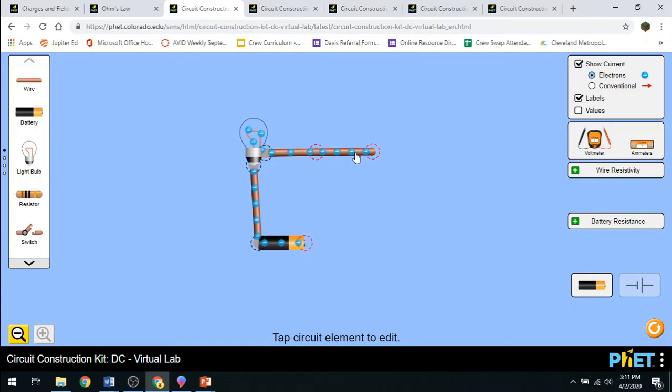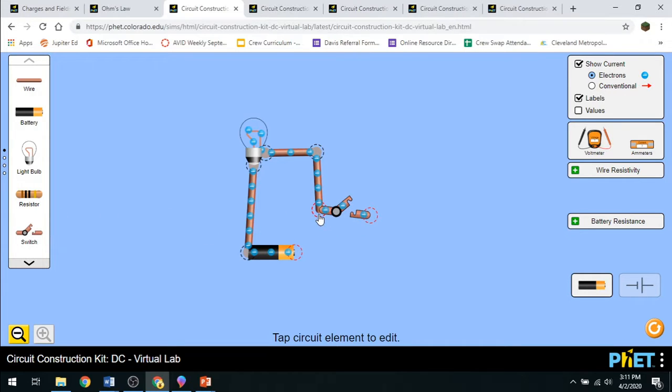So what do I have to do to turn the light bulb on? Well, I have to have a complete loop that the electrons can go around. So the electrons go from the battery up to the light bulb, back around, and back to the battery. If that loop is not closed, it's called an open circuit, then nothing will flow through there.